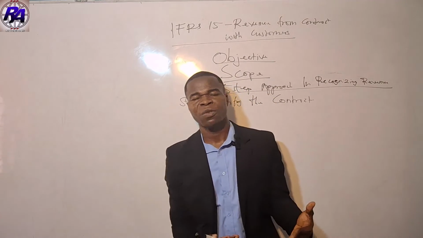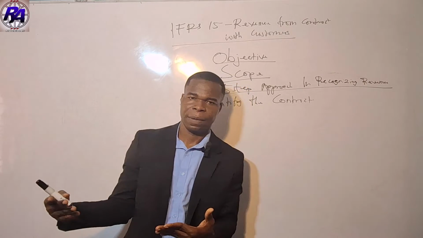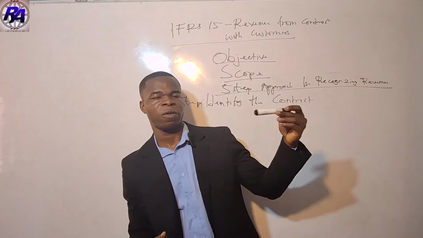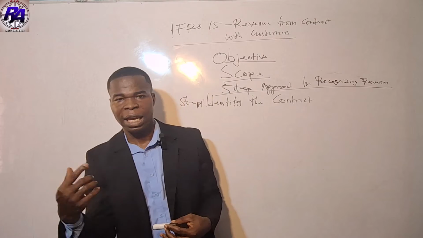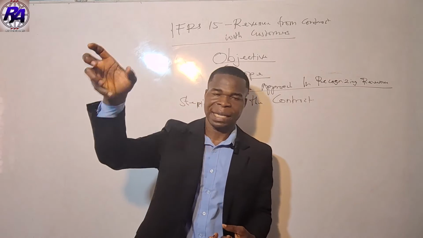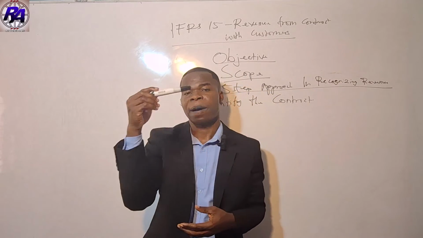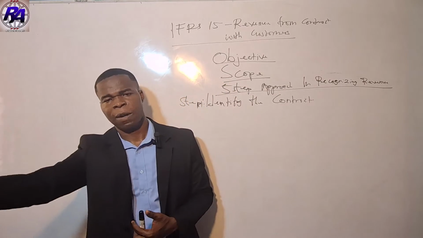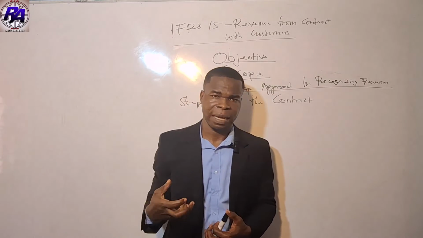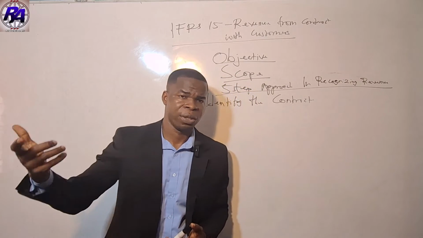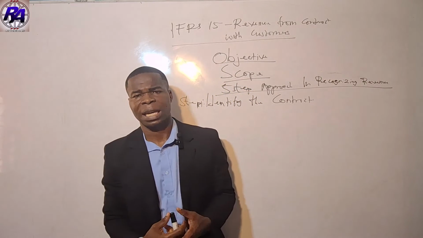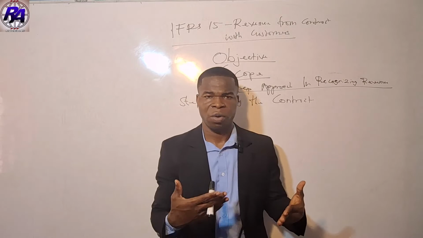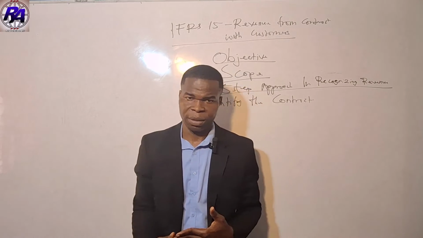I have entered into a contract with a party to provide 10 boxes of marker to the party. The party is the customer, because my output here is my marker. I'm going to provide 10 boxes of marker to the customer and get some consideration from the customer when I provide those 10 boxes. That is what we are looking at as revenue from contract with customers.